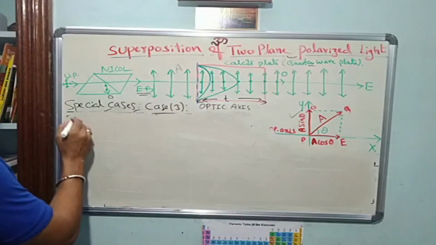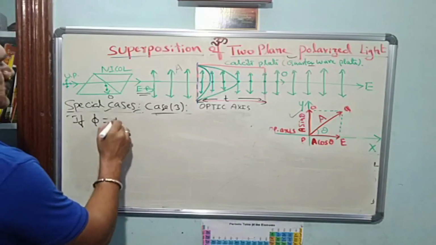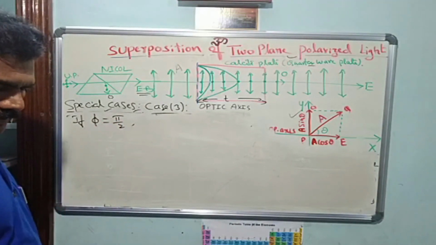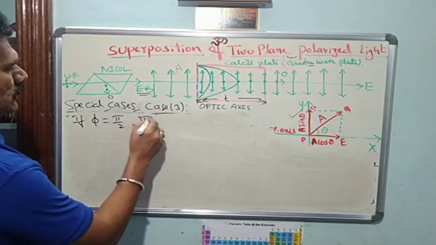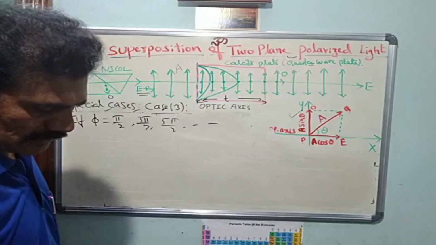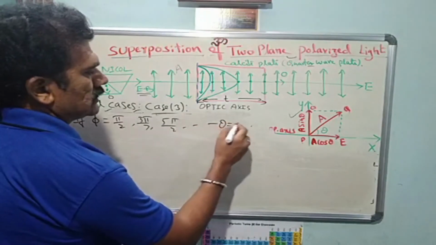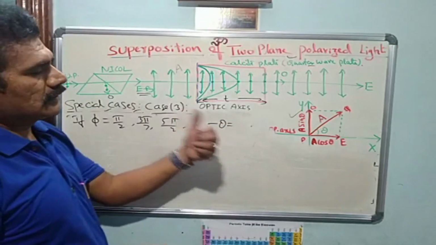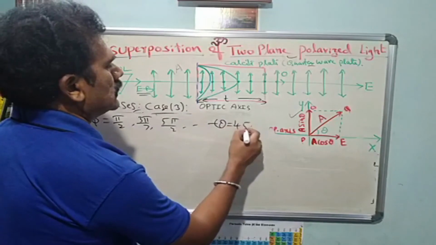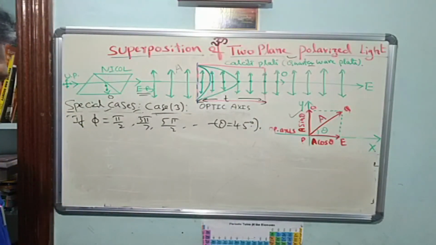Now suppose phi is equal to pi by 2, 3 pi by 2, 5 pi by 2, etc. For this condition, when theta is other than 45 degrees, we get the ellipse. Now we have to apply theta exactly equal to 45 degrees to get circularly polarized light.